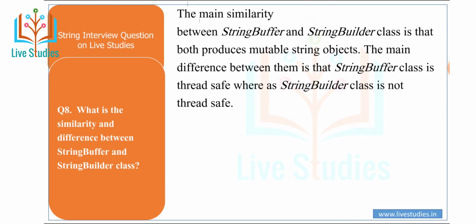Move to another question: what is the similarity and difference between the StringBuffer and StringBuilder classes? The main similarity is that both produce mutable string objects. The main difference is that the StringBuffer class is thread safe, whereas the StringBuilder class is not thread safe.